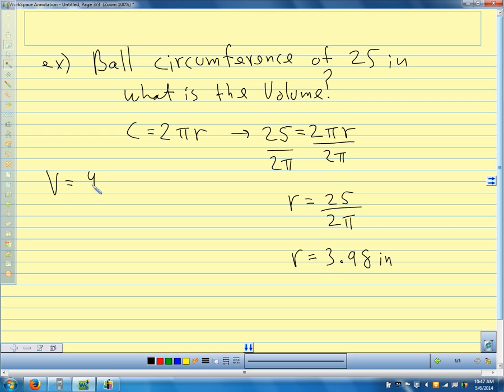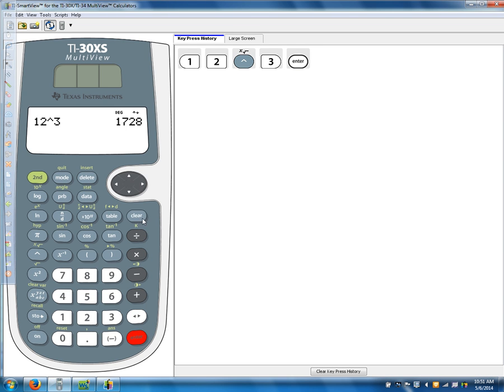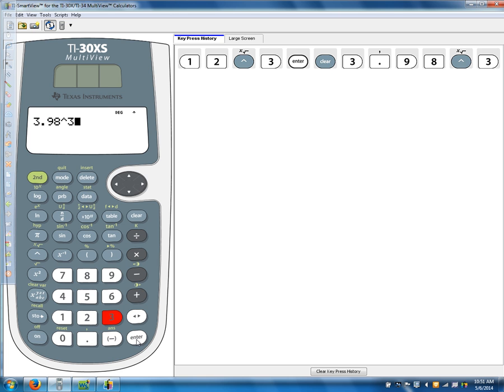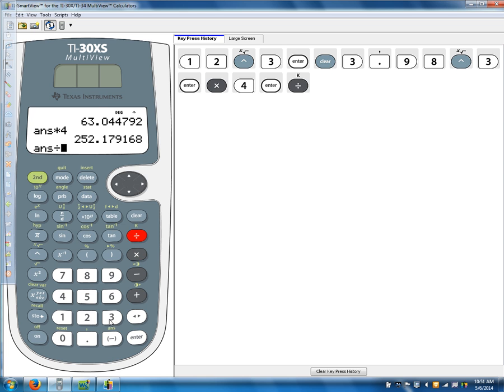The volume equals 4/3 pi times 3.98 cubed. So let's go to our calculator. I'm going to do 3.98. I'm going to cube that. 63.04. I'm going to multiply that by 4. Divide it by 3.